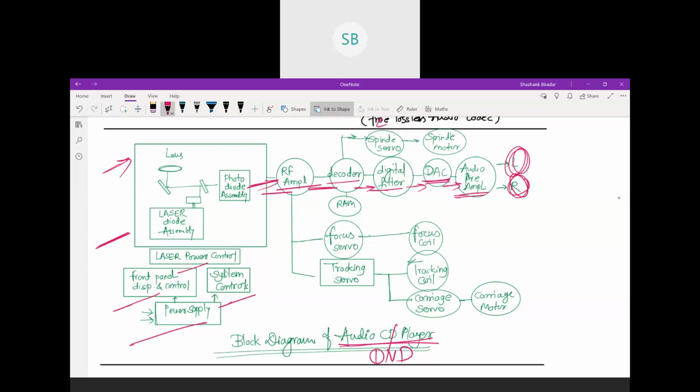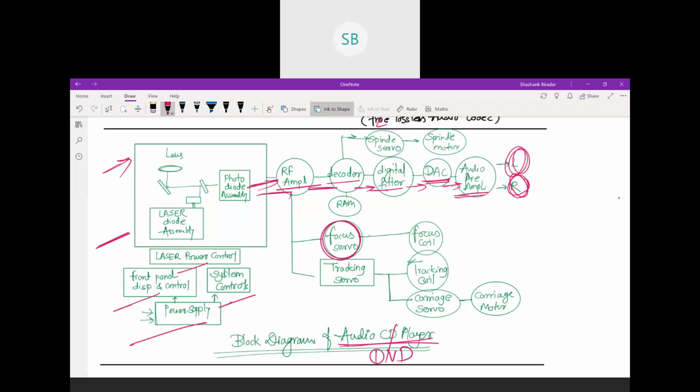For this purpose, here you can see the motors or the rotating assembly, that is the focus servo. This focus servo motor is used for the laser, because as you see this block is connected to this one. Laser focus means on which track you need to focus, from which track you need to retrieve the data.